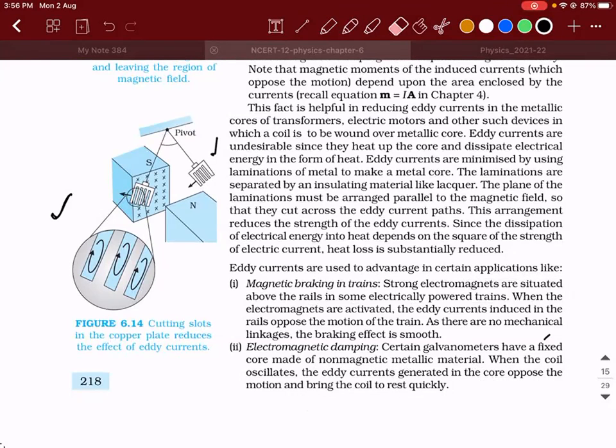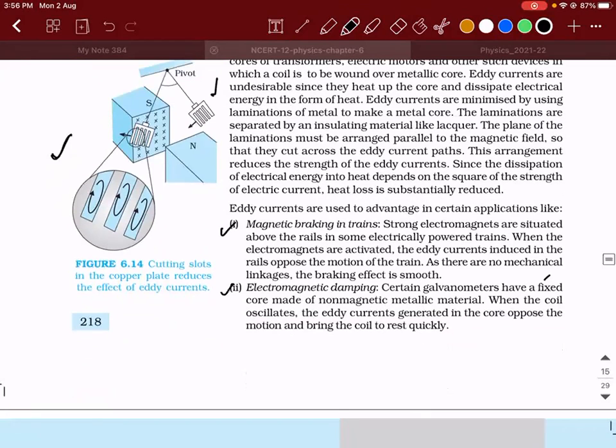So the advantages: first, you can use it in magnetic braking in trains. Second, you can use it in the concept of electromagnetic damping. So what do you mean by damping? Reducing the amplitude, right? So where does electromagnetic damping happen?